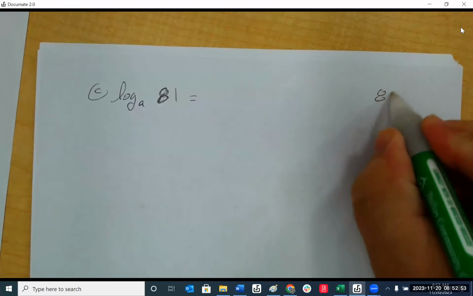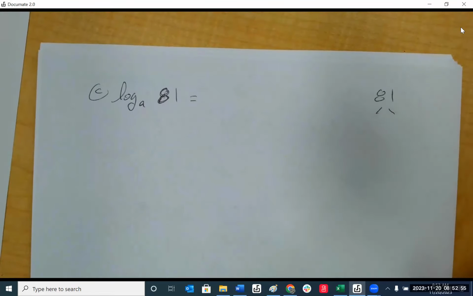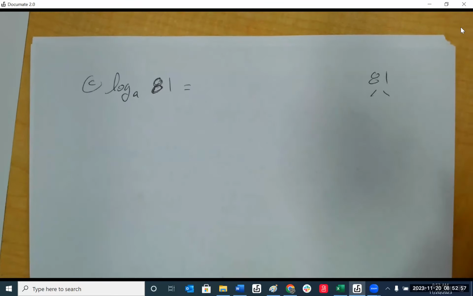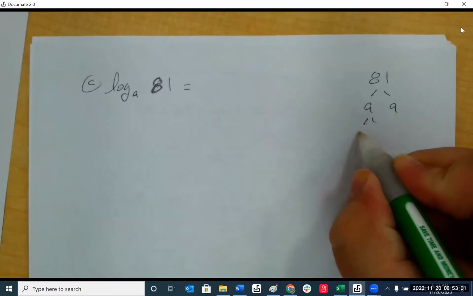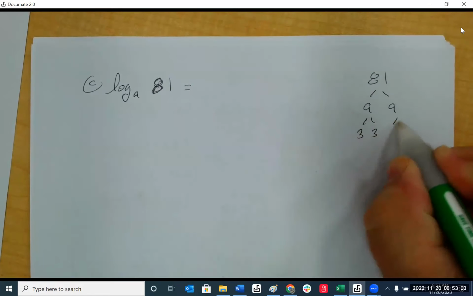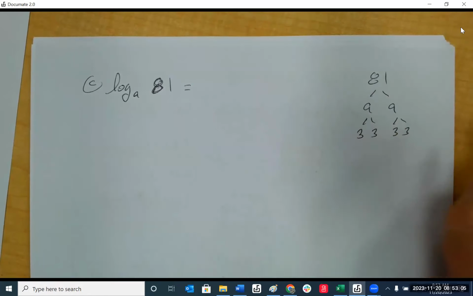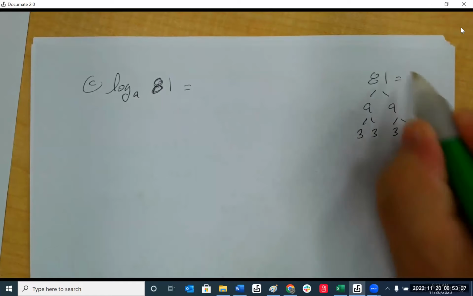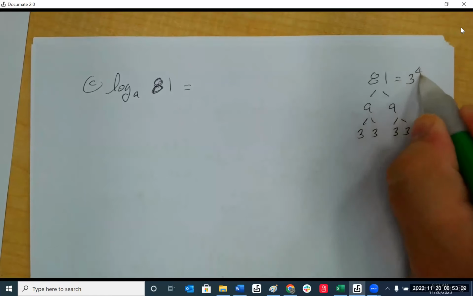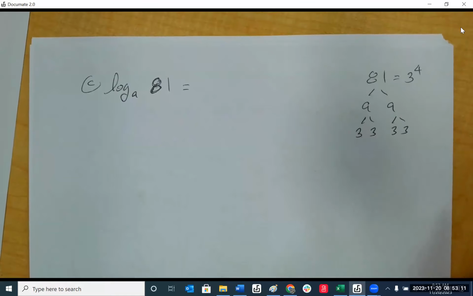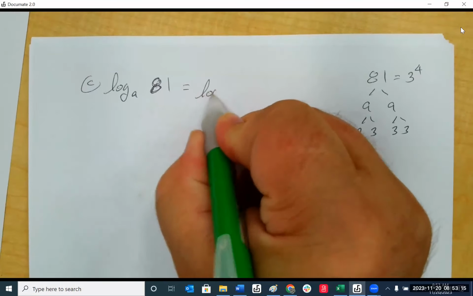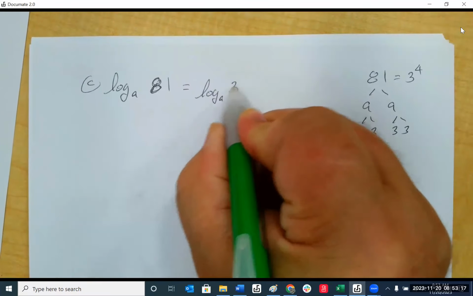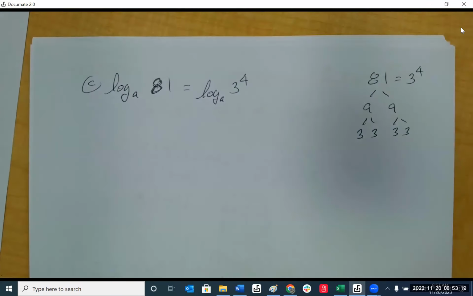Well, what is 81? What is it made up of? 9 times 9. 9 is 3 times 3. So this is made up of 3 to the power 4. So this is log base A of 3 to the power 4.